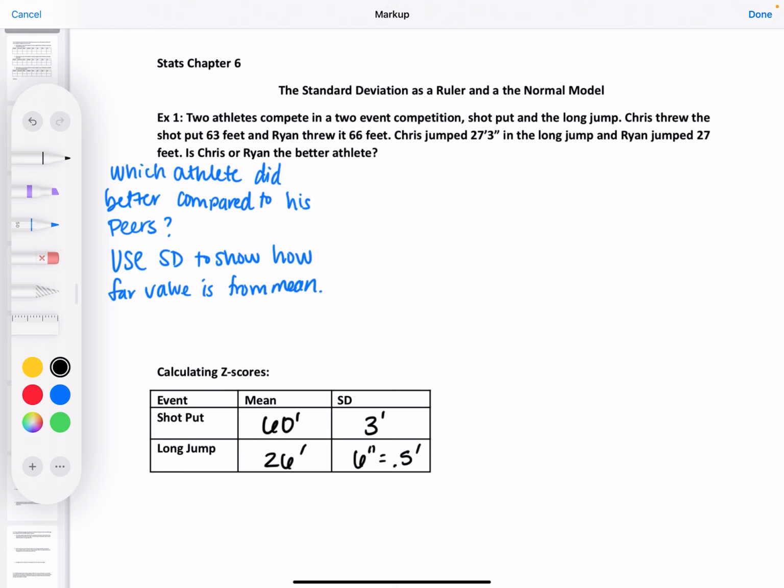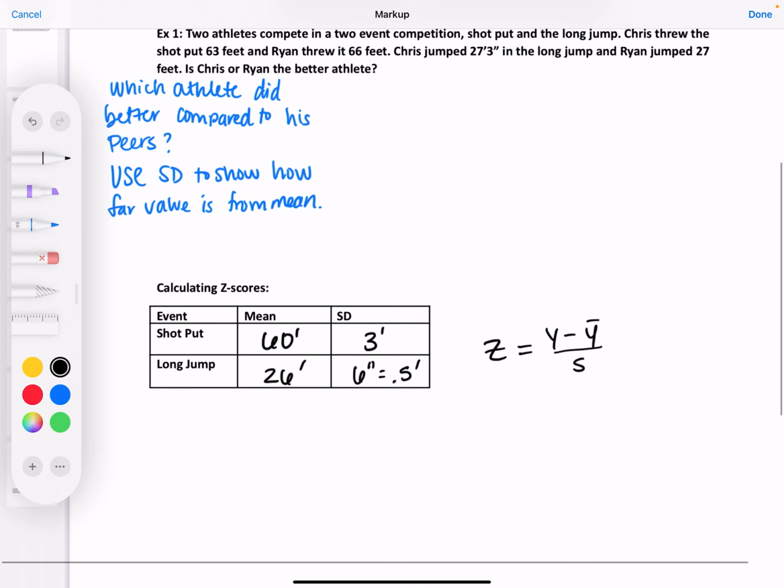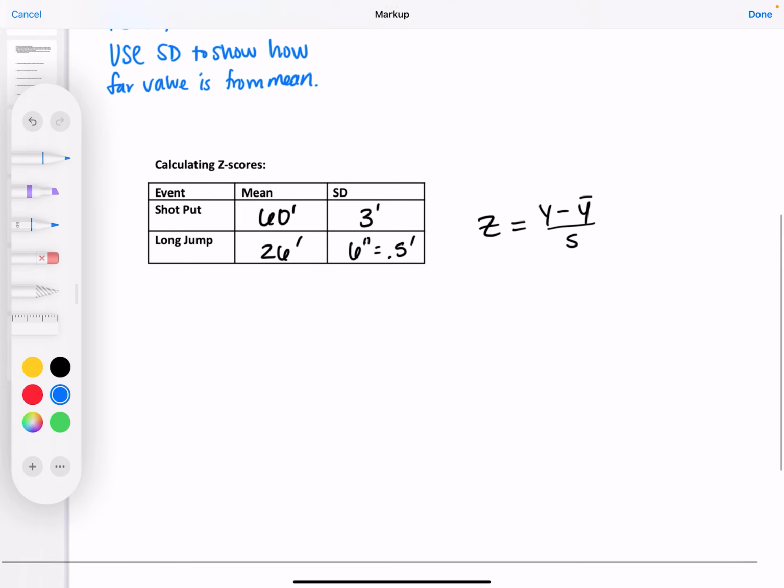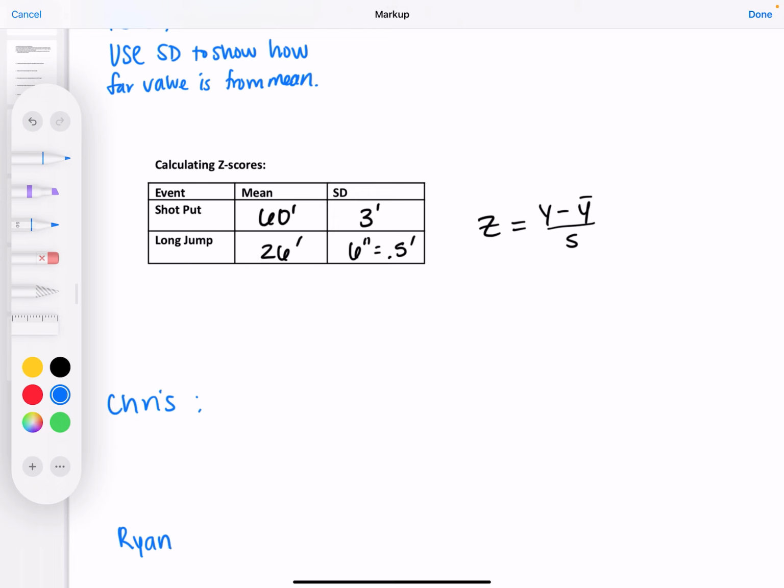Just a reminder, z-score is y minus y bar over s for standard deviation. We're going to do basically Chris and Ryan for both things, for shot put and for the long jump.